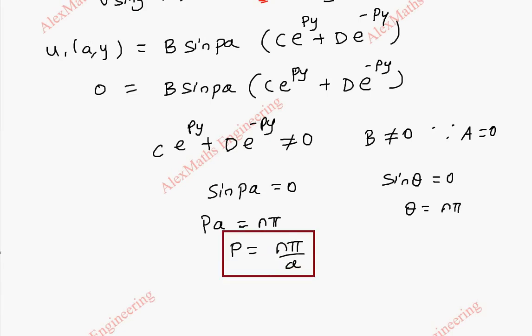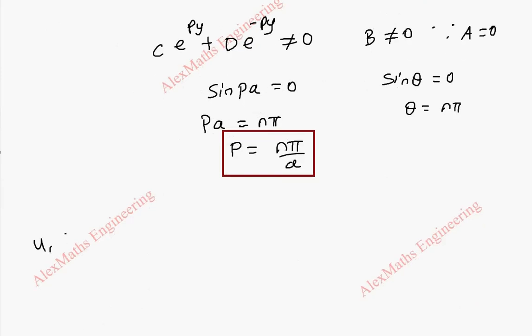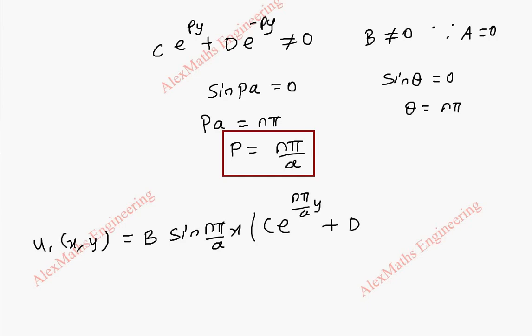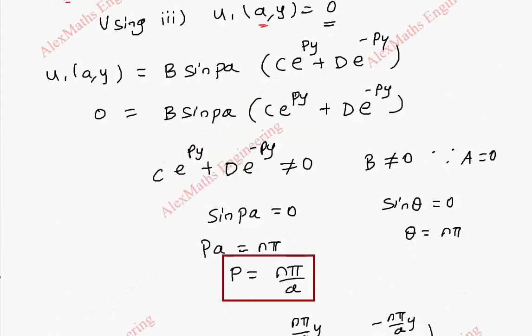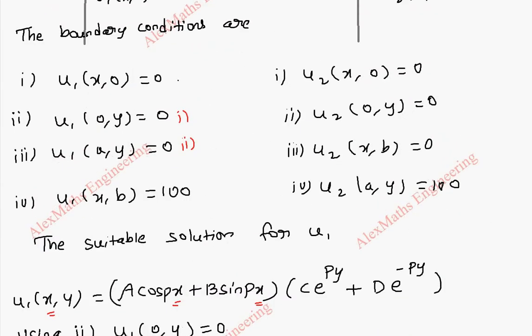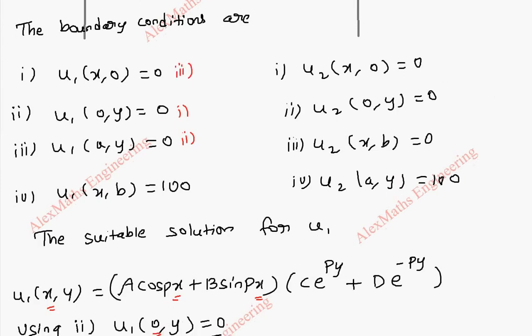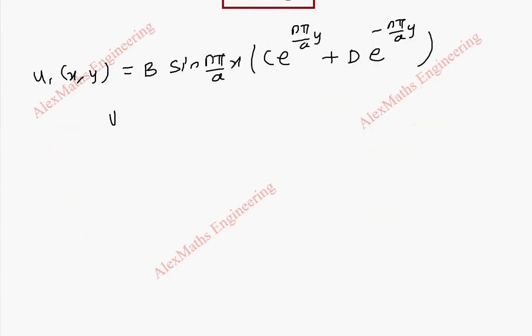So this we are going to substitute in the solution. Now u1 of x comma y becomes b sin px into (c e power py plus d e power minus py). Now coming to the next one, we are going to use this condition as a third. So using condition 1, u1 of x comma 0.